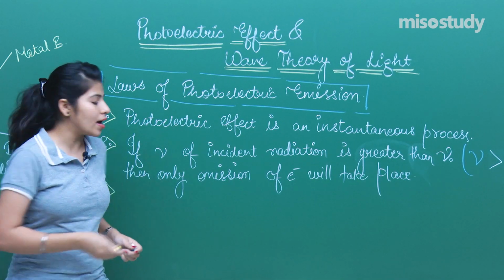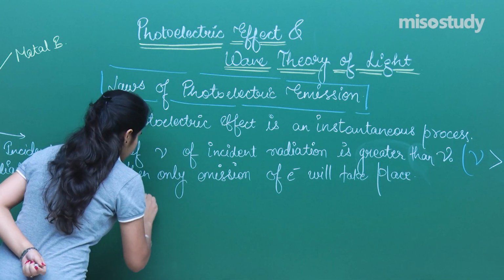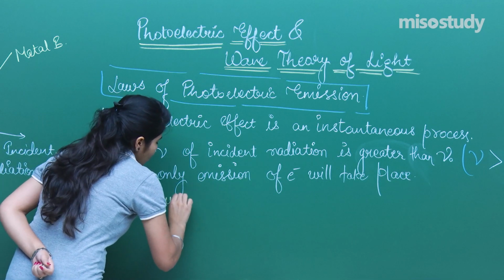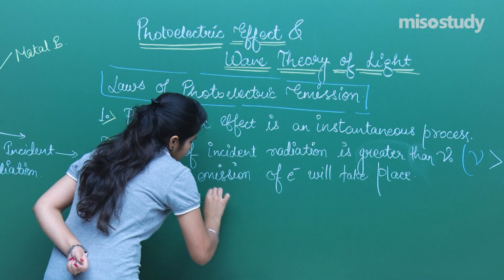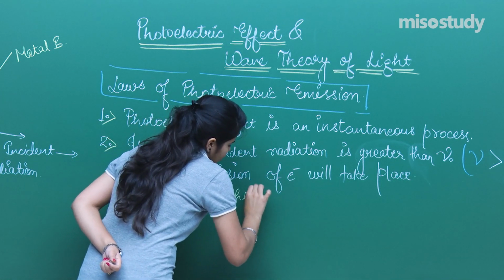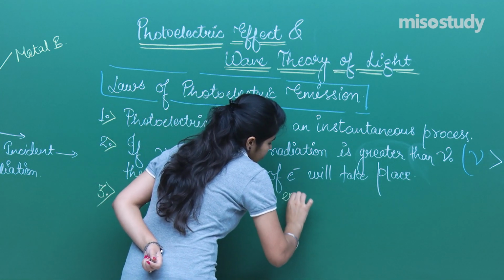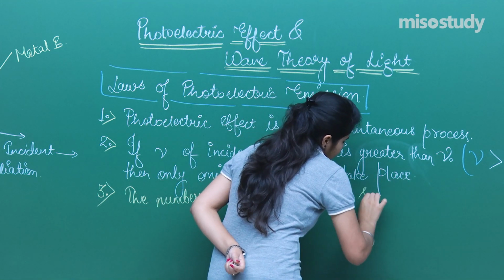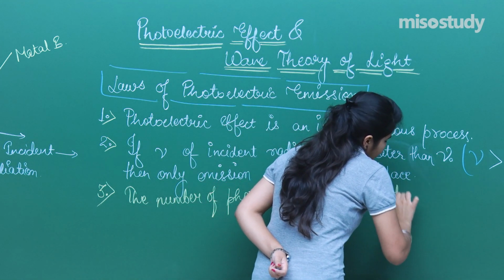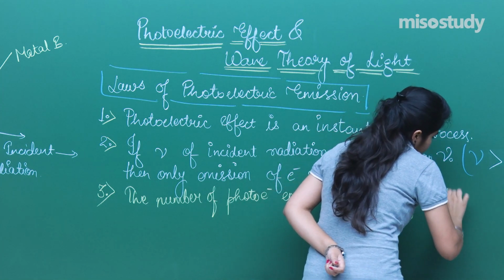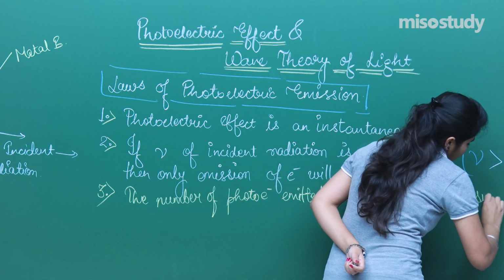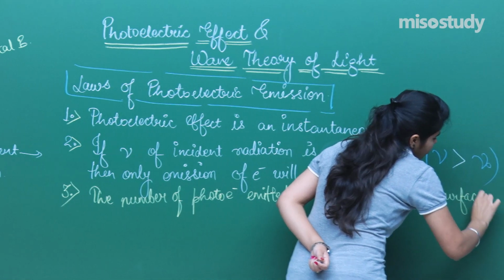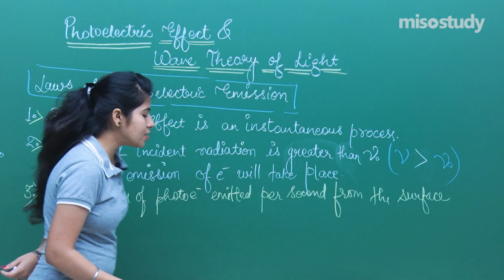I have told you that the number of photoelectrons emitted per second from the surface of metal is dependent upon what?